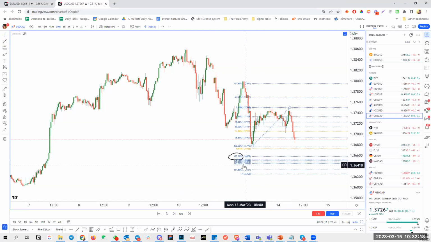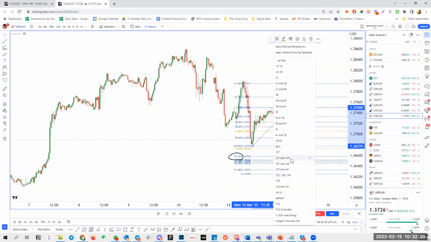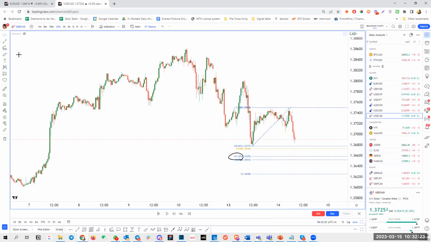I'm just going to remove everything and leave the 127 over there. What we then notice is that there is a 127 and there's a 78.6 Fibonacci projection. So it's all lining up over here, this area. That means my pending order will be in this region.